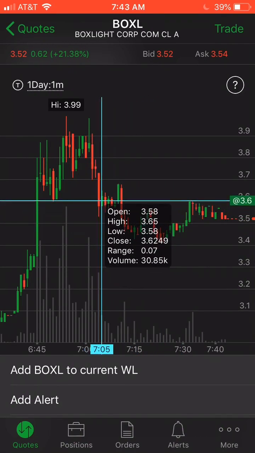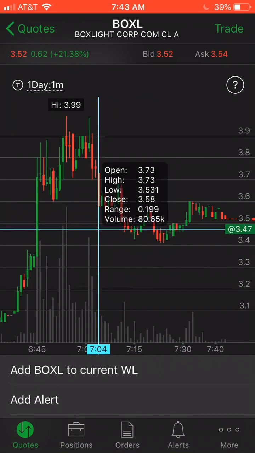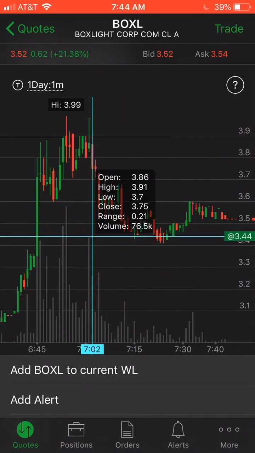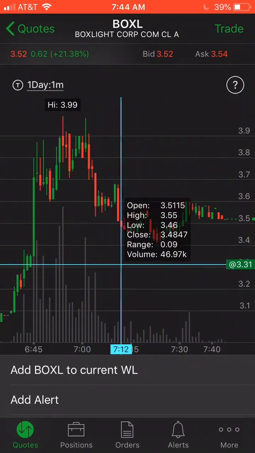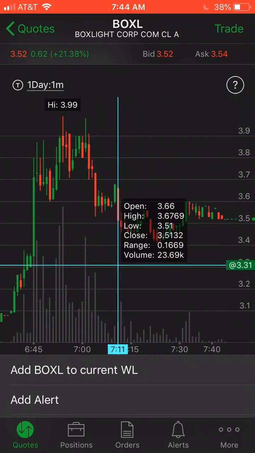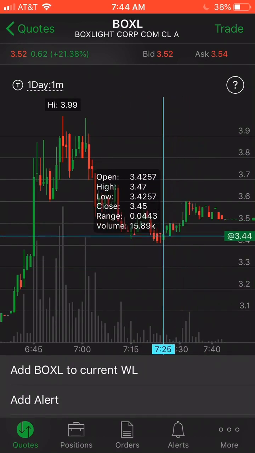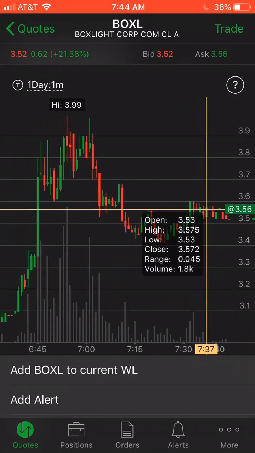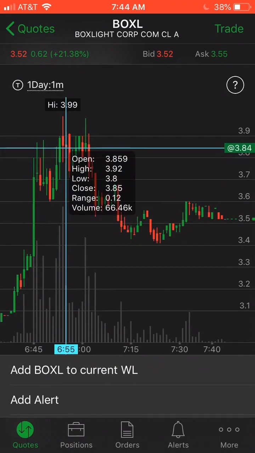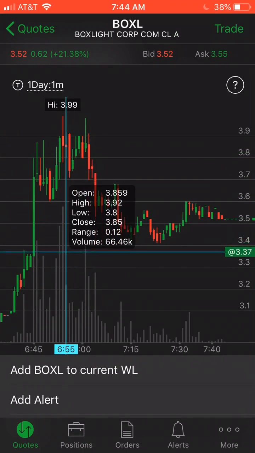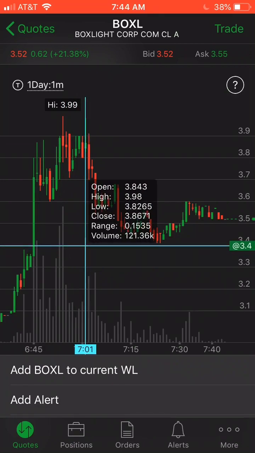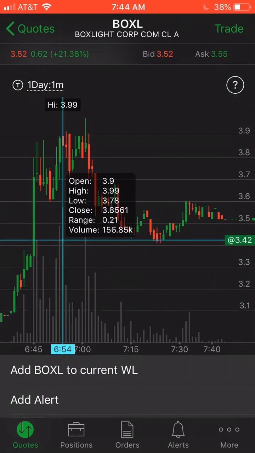But since this candle here was a big, was it that one? Well, that candle there, the volume. Well, anyway, it did even do a double top right here, on this day.